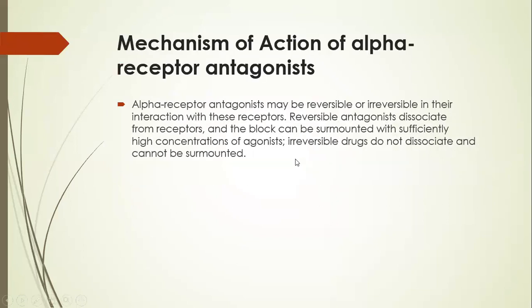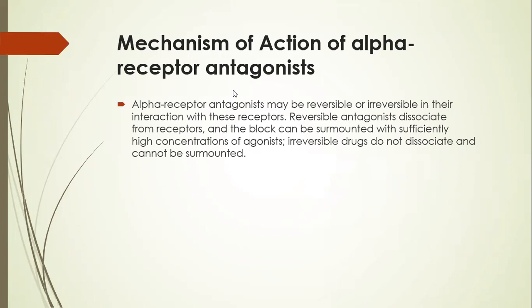So let's move on. Mechanism of action of alpha receptor antagonists. The mechanism of action is similar for all antagonists: when they bind with the receptors, they block the activation of that receptor, deactivating the cell in certain types of functions.